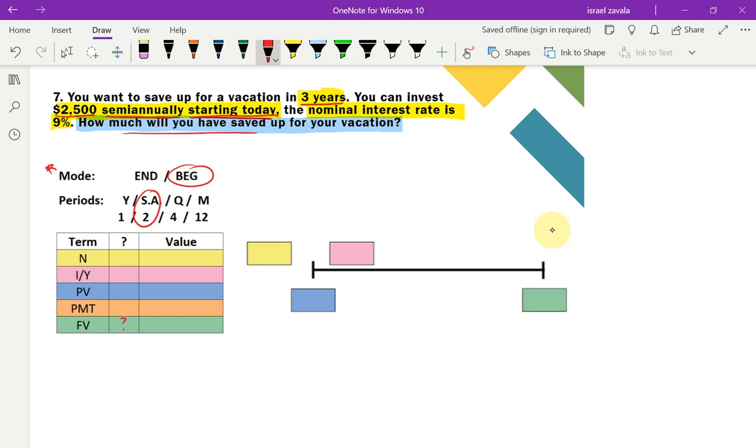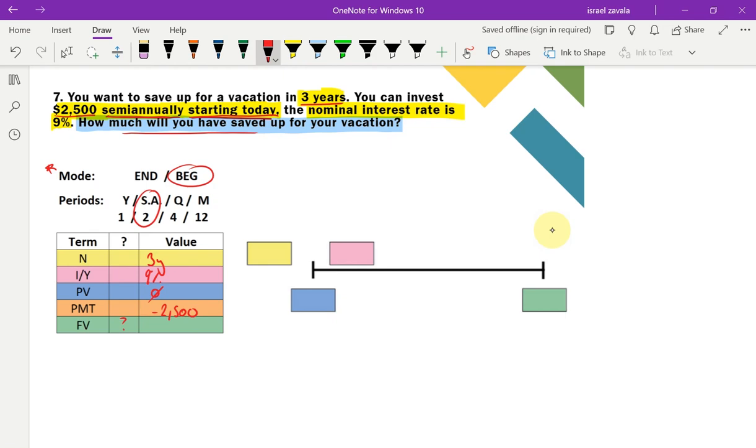And now we can start pulling terms from the question, right? From top to bottom. How many years? 3 years. What's the interest rate? The nominal interest rate is 9%. The present value, well, it doesn't say. We're not starting with anything, but it does say we can save $2,500 semi-annually starting today.